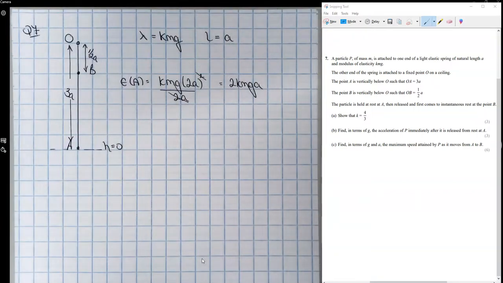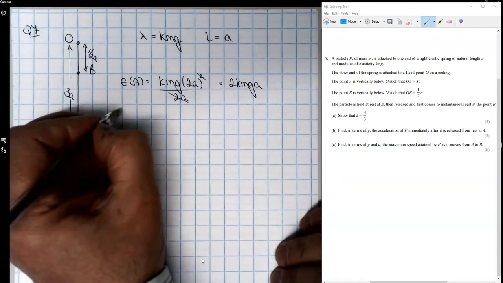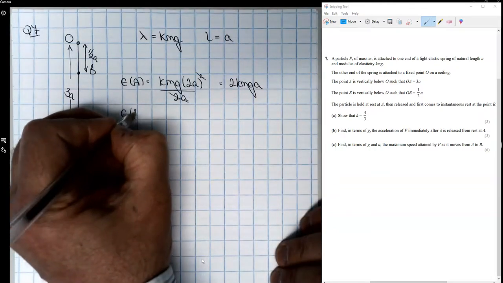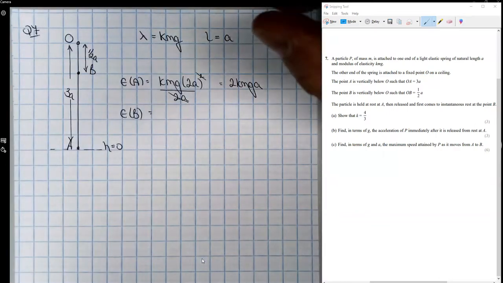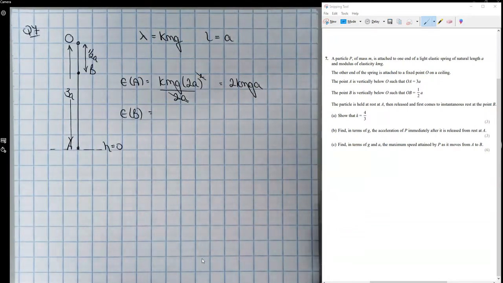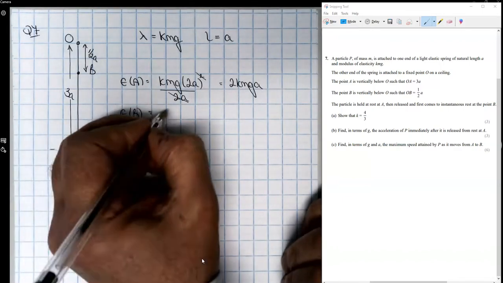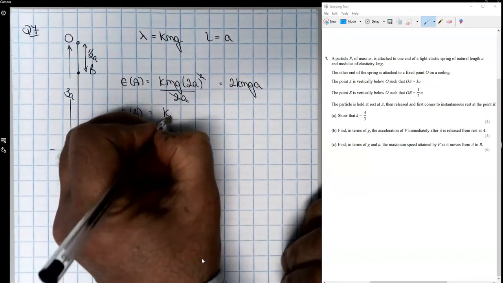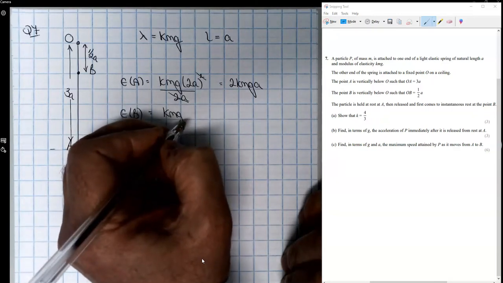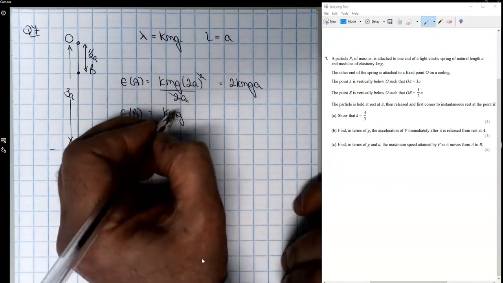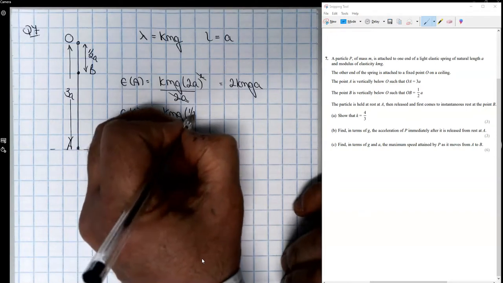Okay, the energy at B. At B, it's got elastic potential energy still, albeit because it's a spring it's going to be thrust, which is what makes this quite important. So we've got lambda times half a.